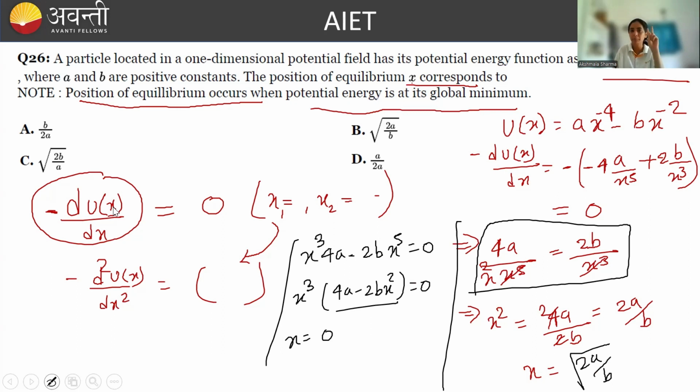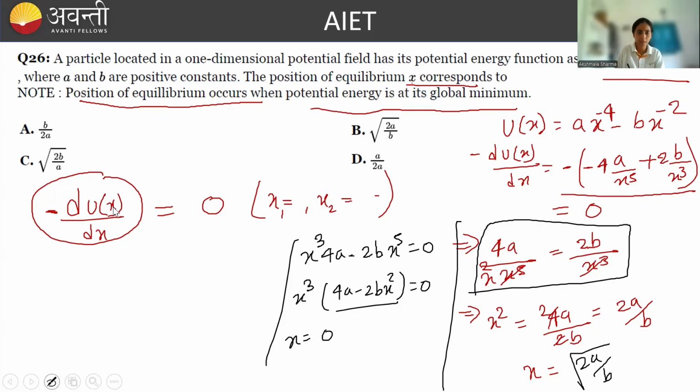Now what we need to do, we have two values of x. Do the double differentiation. If you are going to do the double differentiation, what value will we get? So let's write it here. This is the first differentiation, right? So this is equal to 4a by x to the power 5. So we got the single differentiation value: 4a x to the power -5 minus 2b x to the power -3.